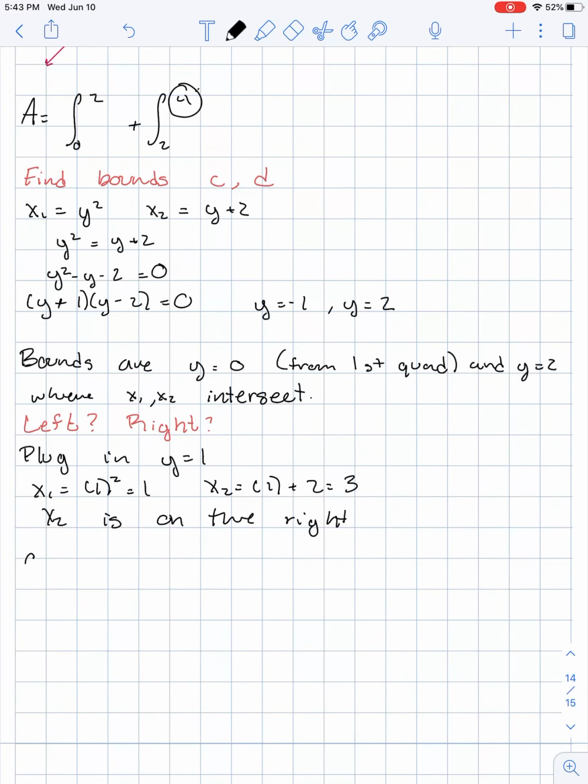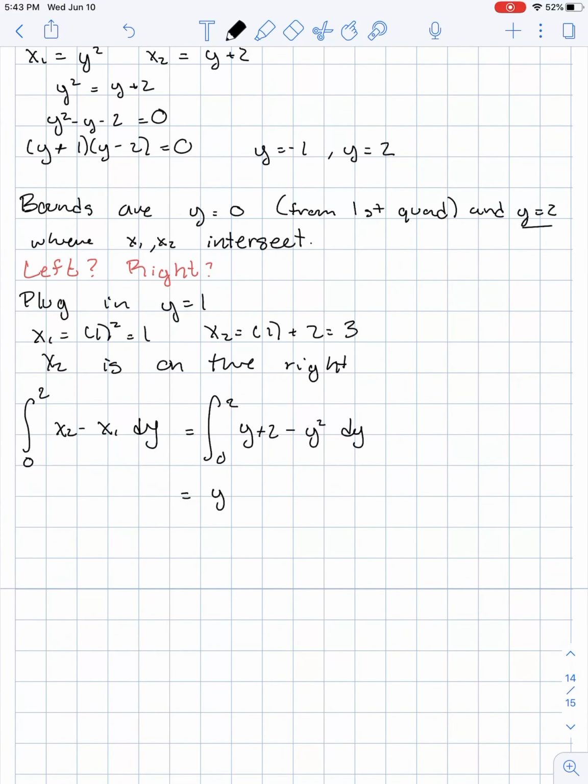All right. So remember, when we're talking about things in terms of y, we want to do right minus left. So putting in my bounds from 0 to 2, right minus left, so that's going to be x2 minus x1. Remember, we're in y, so dy. x2 is y plus 2 minus y squared dy.